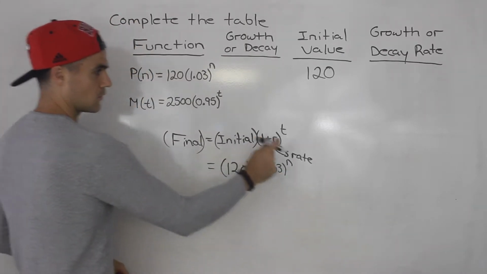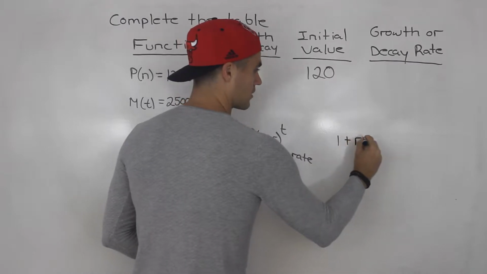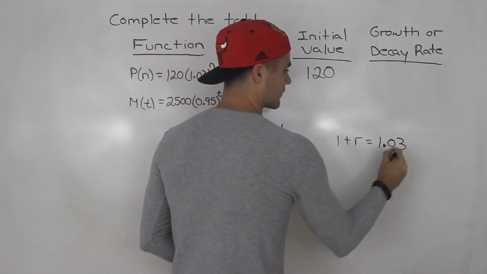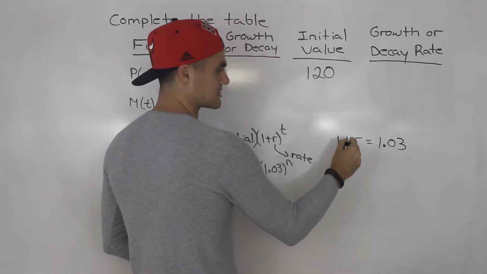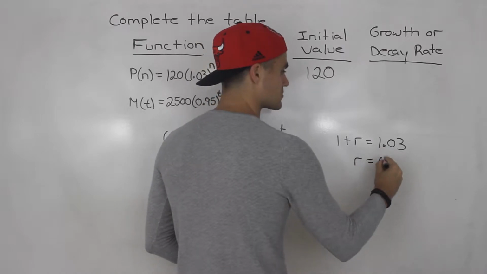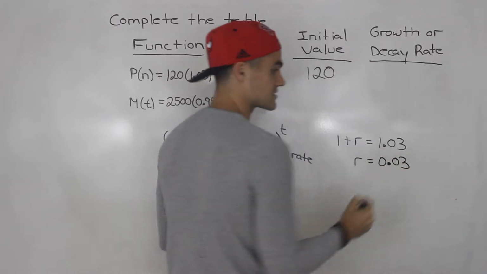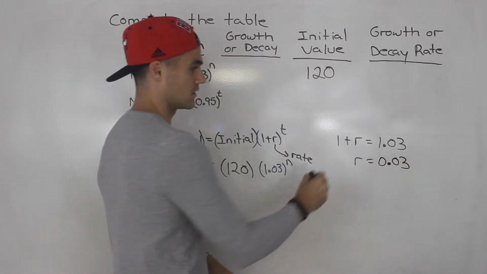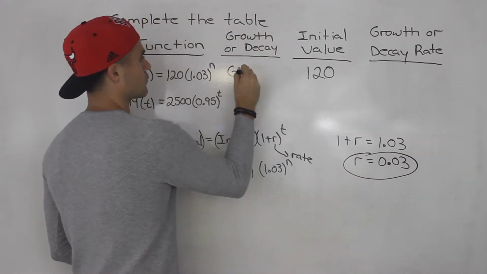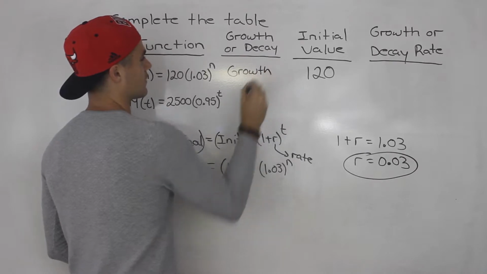So we can say that 1 plus r has to equal 1.03. And when we isolate for this r, bring this 1 over, we get 1.03 minus 1, which is 0.03, positive 0.03. So right there we know that we are dealing with a growth scenario.